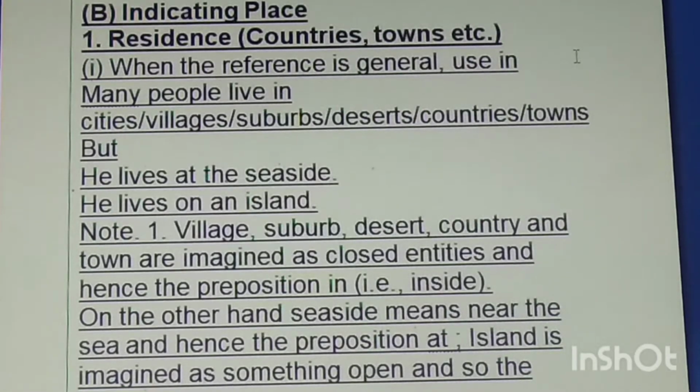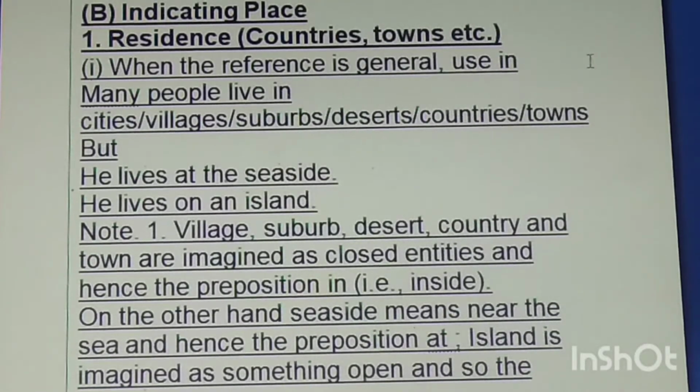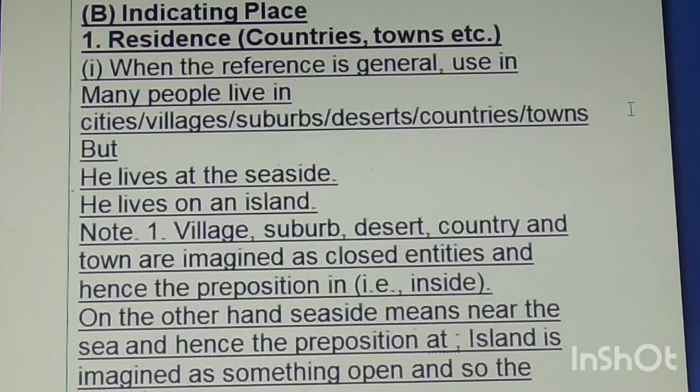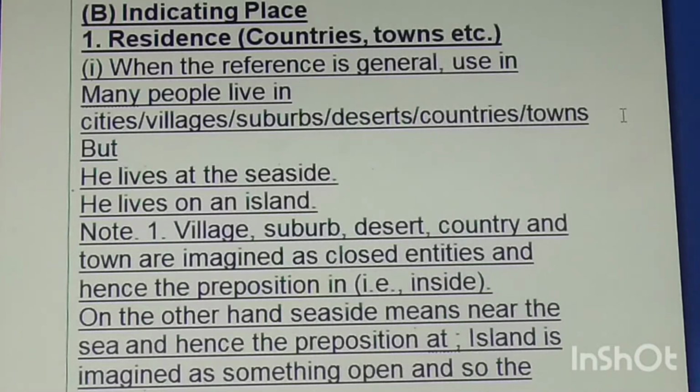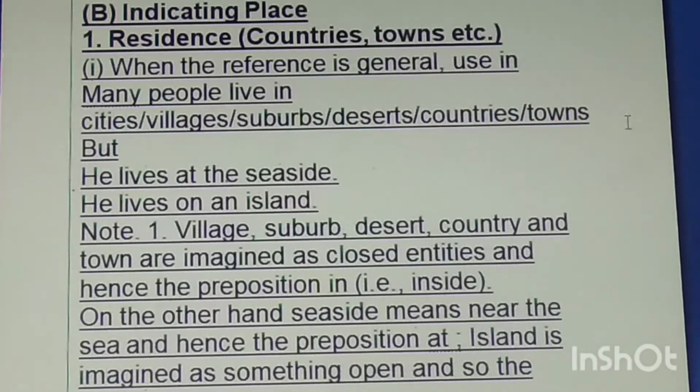Please note, 1. Village, suburb, desert, country and town are imagined as closed entities, and hence the preposition in, that is inside, is used. Okay, because it is closed entity.